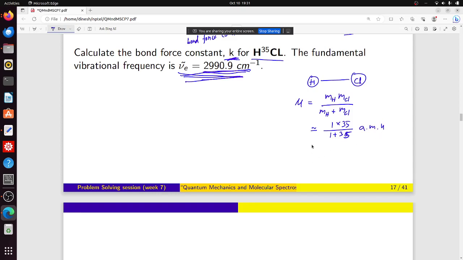So we have 35 over 36 AMU. Now you can always convert this atomic mass unit into kg. So you have to multiply by a factor 1.661 times 10 to the power minus 27 kg per atomic mass unit. So if you do this, you will get this value to be nearly 35.